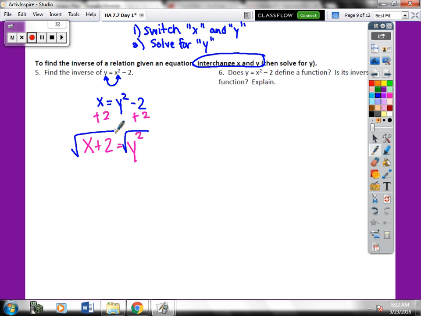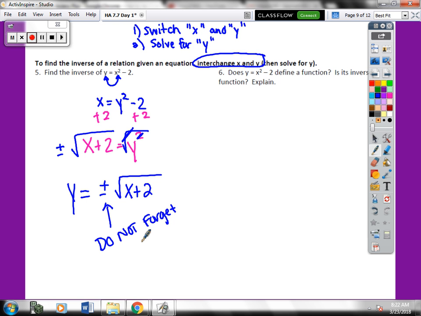Now, remember, when we insert a square root symbol, we also have to insert a plus or minus. So the y squared and the square root cancel. So we'll get y equals positive or negative square root of x plus 2. Put in your notes. Do not forget. Because you'll only have half of the graph, half of the function.